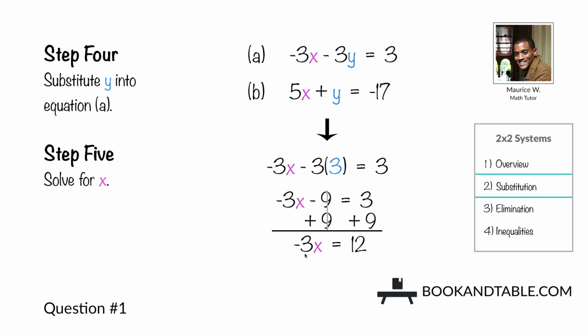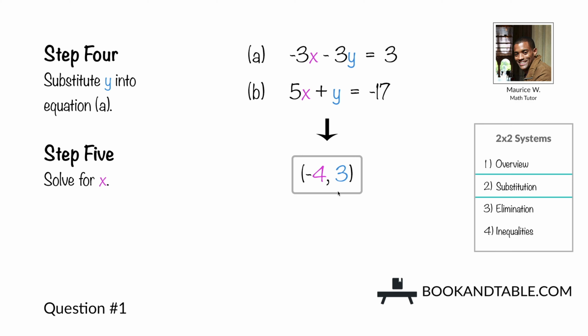In order to get rid of the coefficient negative 3, we'll divide both sides by negative 3, giving us x is equal to 12 divided by negative 3, which is negative 4. So the solution is x is negative 4 and y is positive 3.